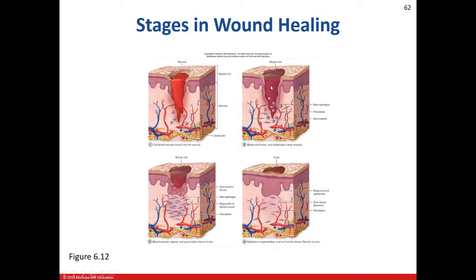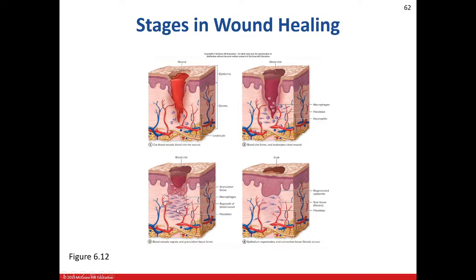It allows the white blood cells to come in and wipe out the remaining pathogens inside the wound. We see that here with the macrophages. Anyway, then we are going to see regeneration of the epithelial and the connective tissue layers.